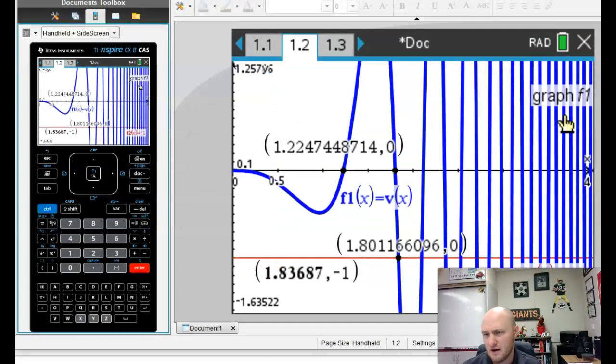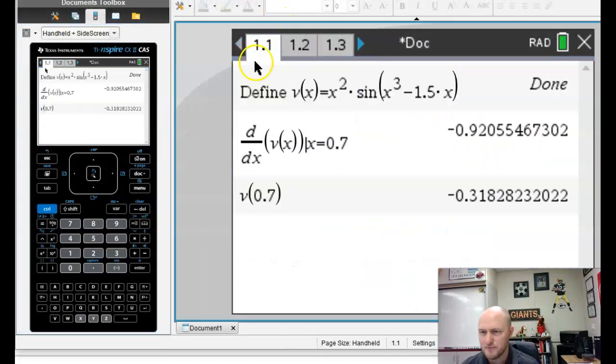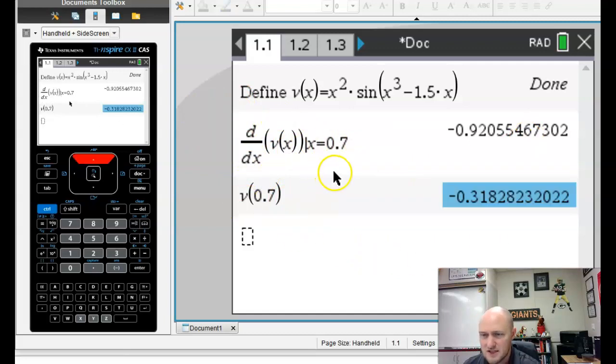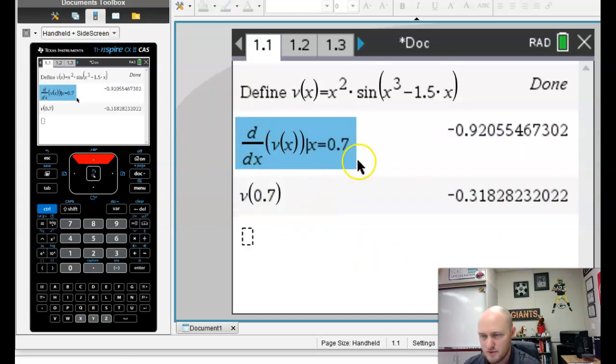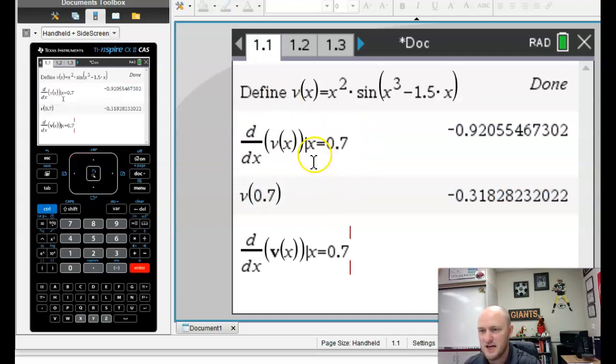So what I'm going to do now is go back to my calculator, and I want to take the derivative of velocity. Something you can do is go up till it highlights this, because isn't this the derivative of velocity? And I can hit enter, and it just copies it down, which is really awesome. And then I don't want the x value to be 0.7, I want it to be a.